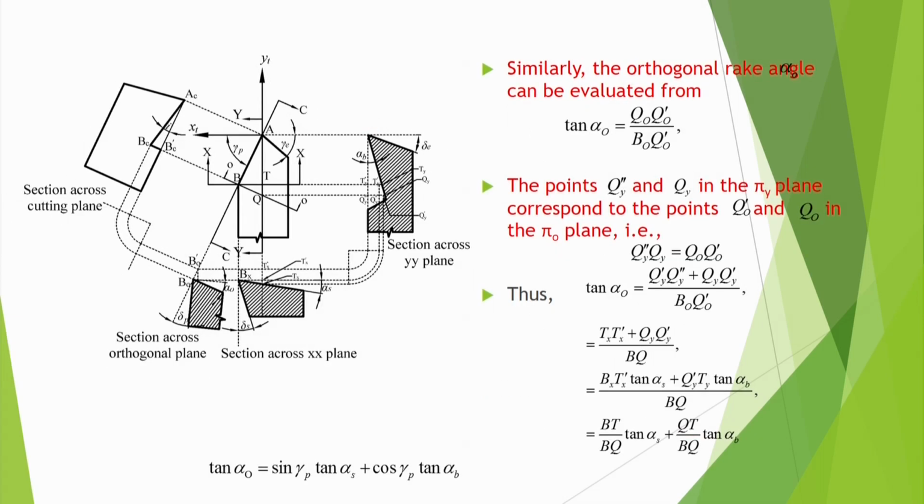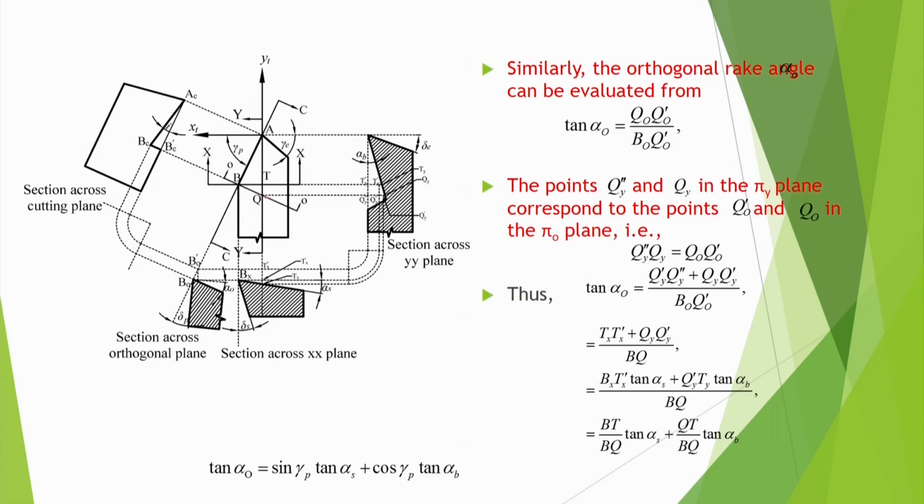Now let us try to understand the other relation. Similarly, we can understand how the orthogonal rake alpha 0 can be evaluated. We have to go to the orthogonal plane. In the orthogonal plane, this is the orthogonal plane, which is shown in this OO.